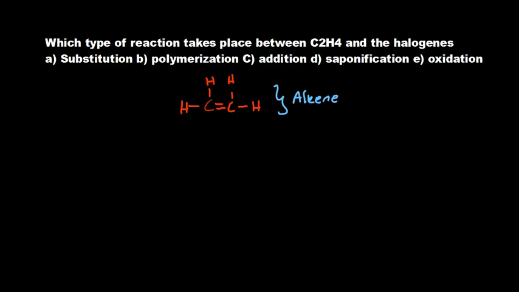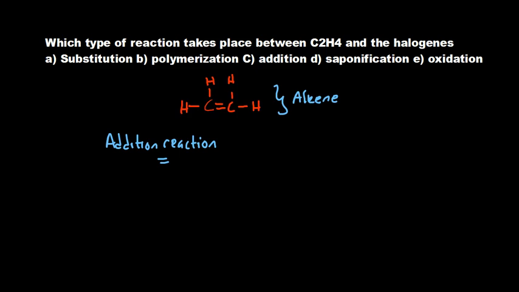So in order to fill it up, we have to add to it. So this compound will undergo substitution. Sorry, it will undergo addition reaction, because we have to fill up these spaces.